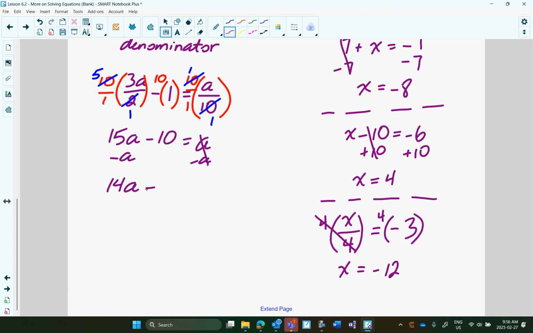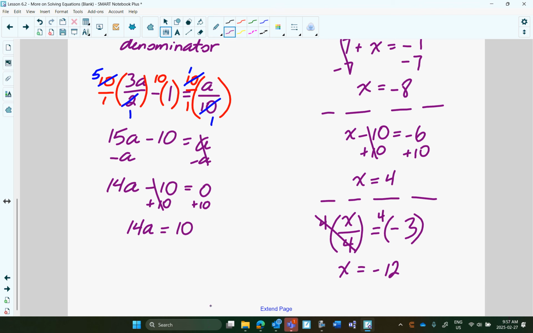There's still a minus 10 on the left side. But what's on the right now? 0. There's nothing there. And what represents nothing? 0. Add 10 to both sides. And that would be 14a is equal to 10.